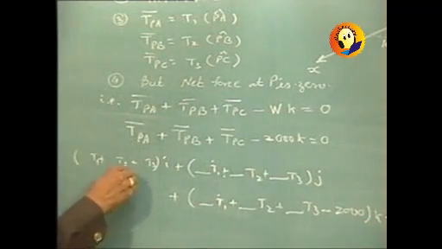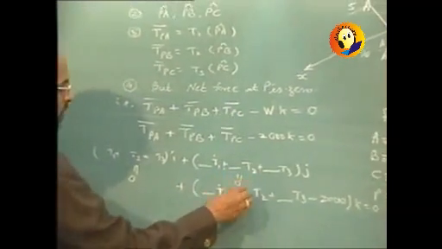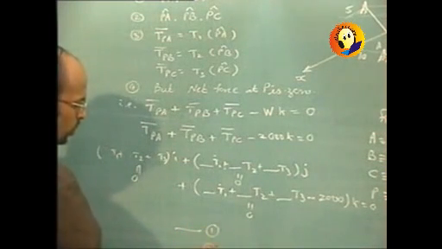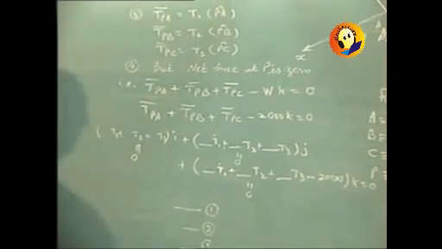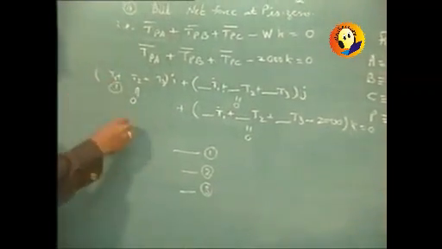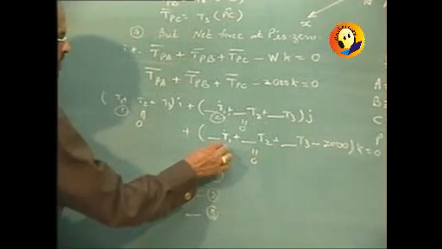So you will have to equate each one of them to 0. You will get three equations, 1, 2 and 3, three equations in terms of T1, T2, T3. This is the first equation, this is the second equation, this is the third.